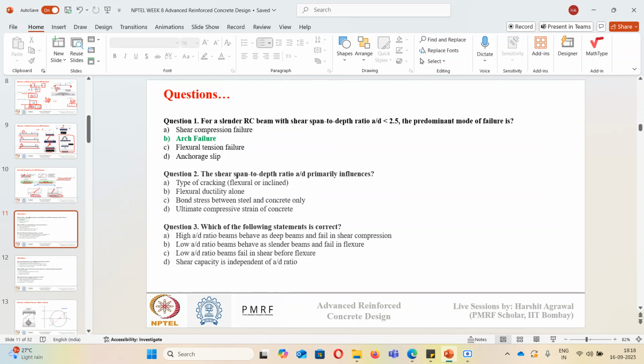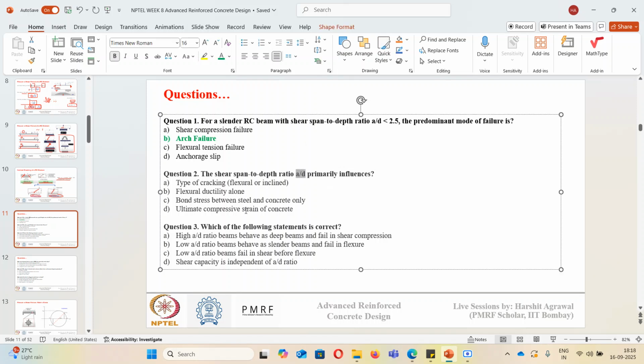Next: the shear span to depth ratio A by D primarily influences what? What is this A by D ratio influencing? Can anyone tell me based on the options that I have given?